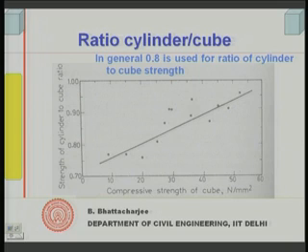Now, we are talking of a cylinder of H by D ratio equals 2. So, for a cylinder of H by D ratio 2, we take 0.8 as a multiplying factor on cube strength to get the cylinder strength, and if we want to do it the other way round, increase the strength by 25%, multiply by 1.25 to get the cylinder strength. One issue is of course H by D, but the shapes and also the volume of the concretes are different. Both put together make it about 0.8.